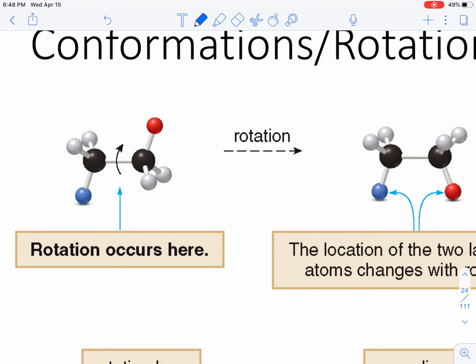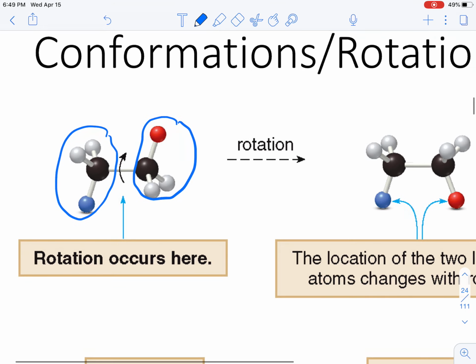Imagine that you have a pencil or a toothpick, and you stick 2 marshmallows of different colors on both ends of it. If this part of the molecule is one marshmallow and this part is another, could you rotate those 2 marshmallows around the toothpick with very little movement? The answer is yes.